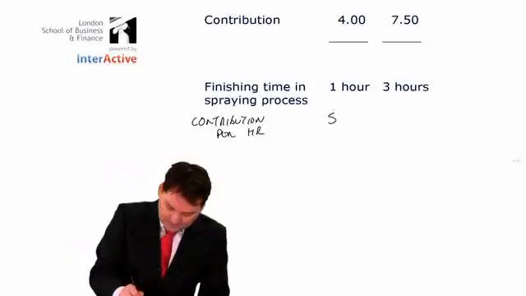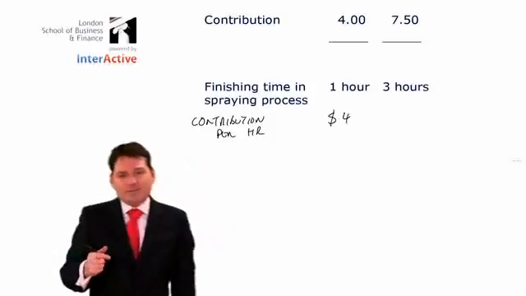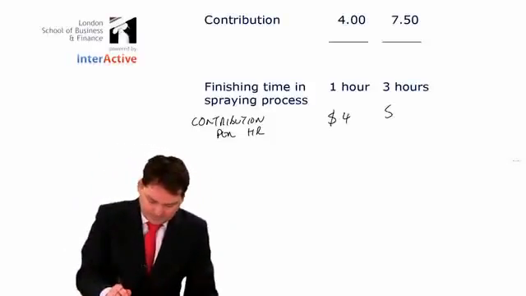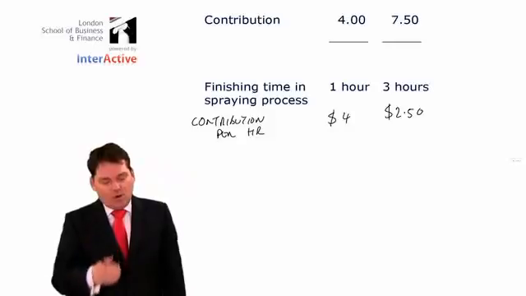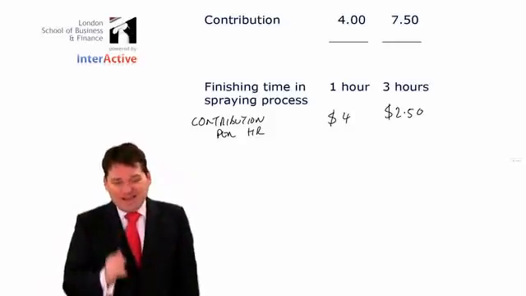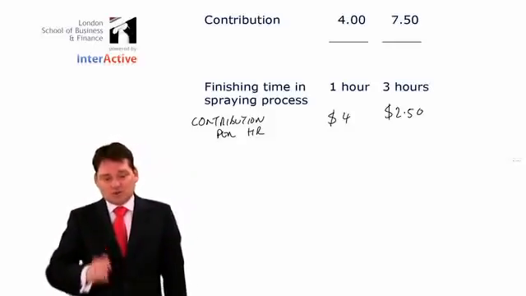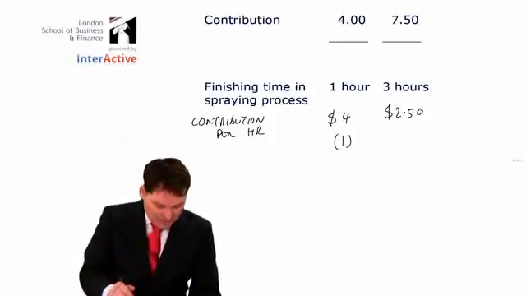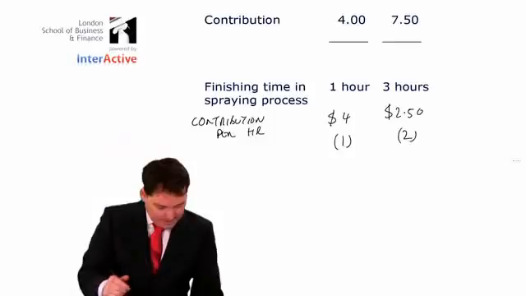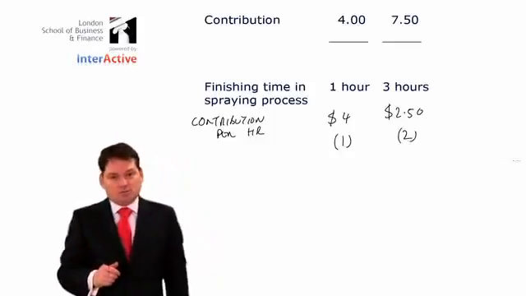So obviously, Able comes out at $4 per hour, Baker comes out at $2.50 per hour. So in other words, Able is a better use of our scarce resource, so we should make Ables. So Able is ranked number 1, Baker is ranked number 2.